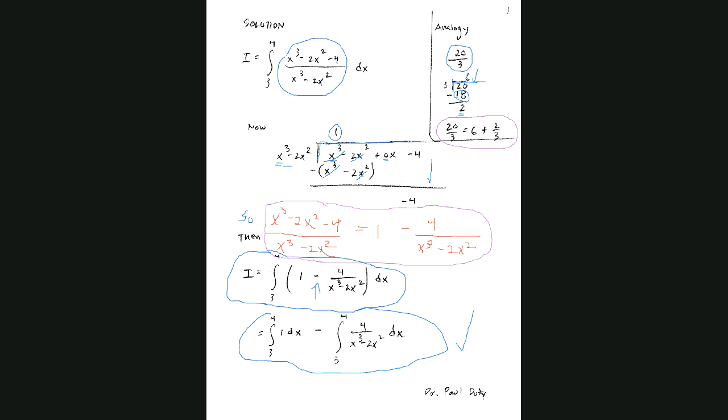All right. So, I mean, we should be kind of happy here. The first integral is easy to do. How are we going to have to handle the second integral? What procedure are we going to have to use to compute the integral from 3 to 4 of 4 over x cubed minus 2x squared dx?